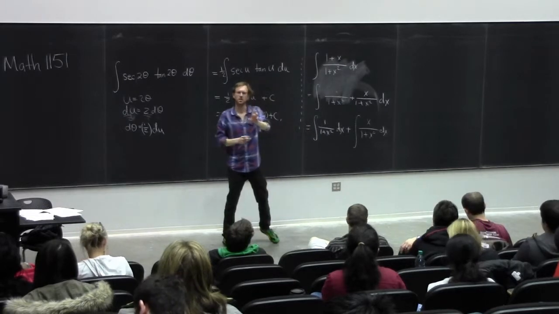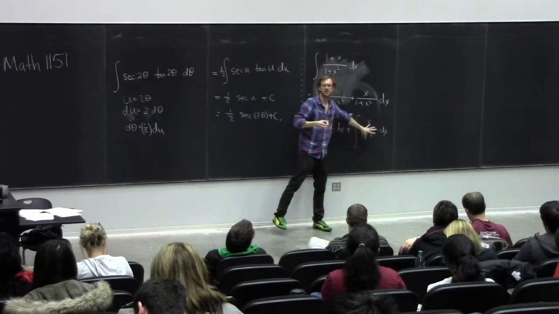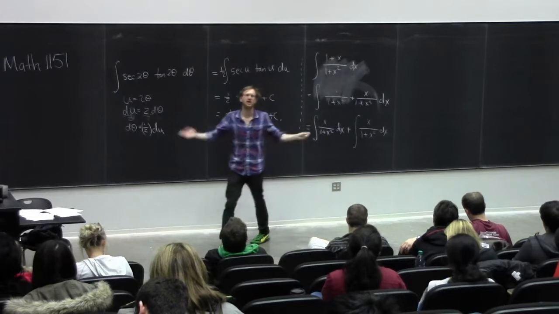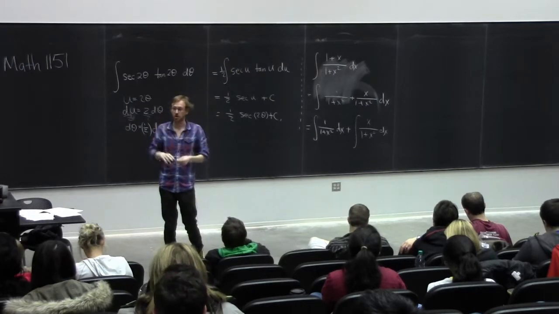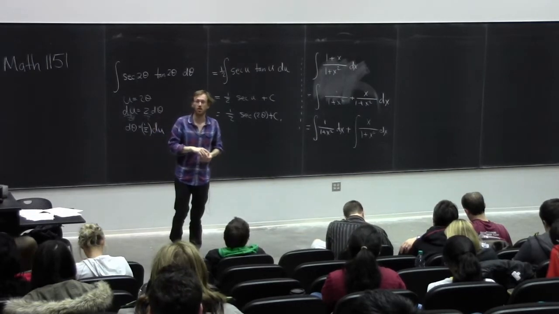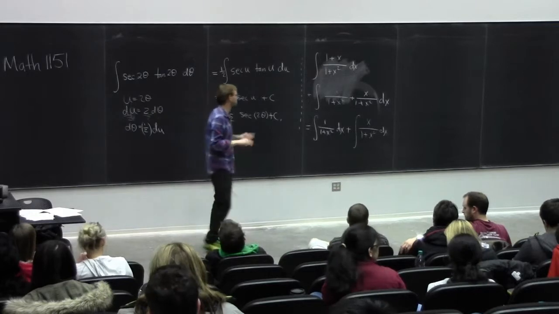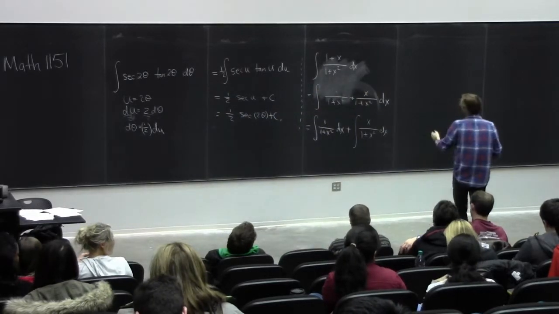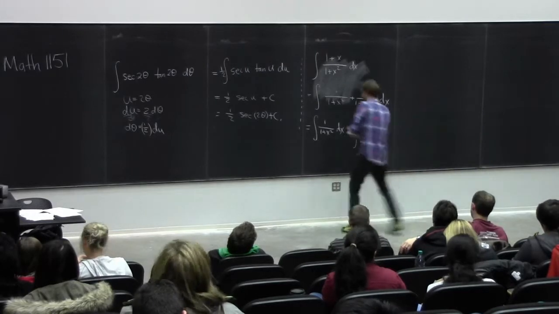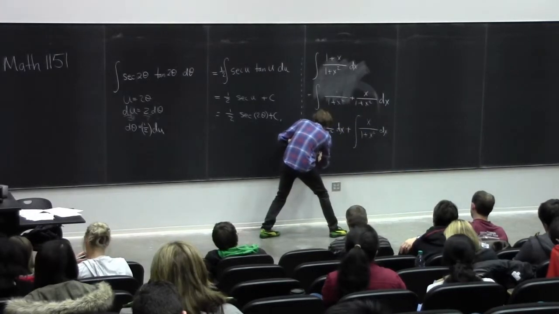Can anybody just tell me what this kind of looks like? Can anybody say, well, it's going to be something like, what? Something like natural log. That's right. Something like natural log. I'm happy with that answer. Let's go ahead. And so this one is equal to arctan.